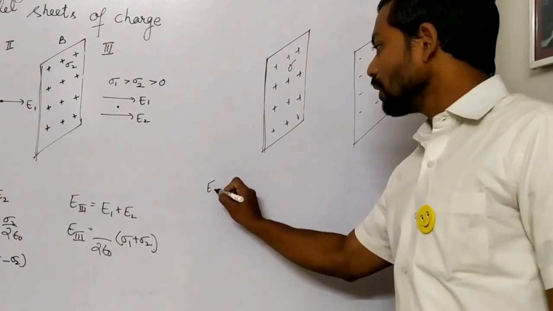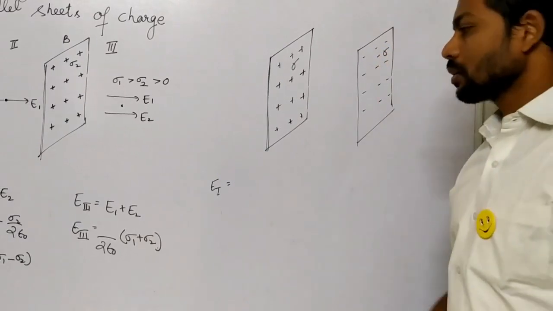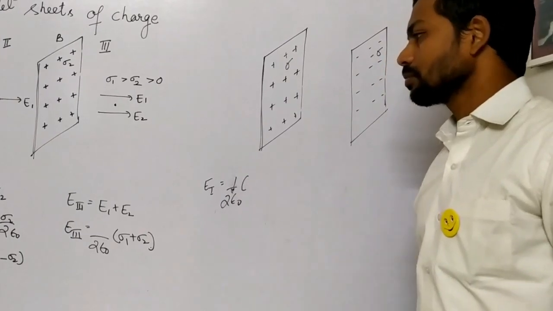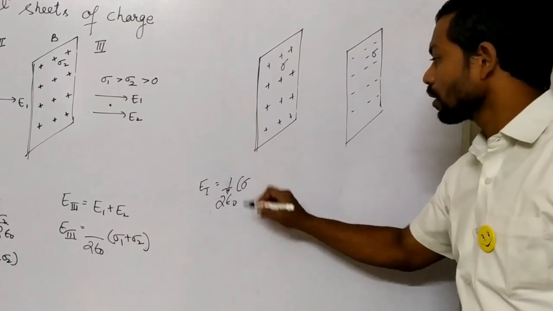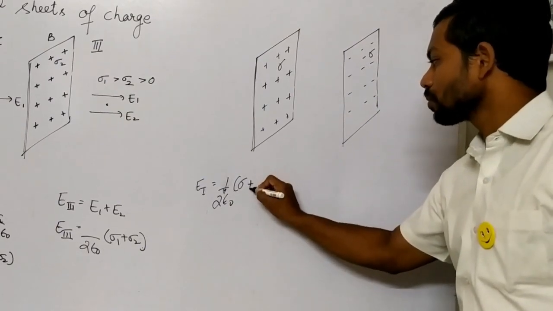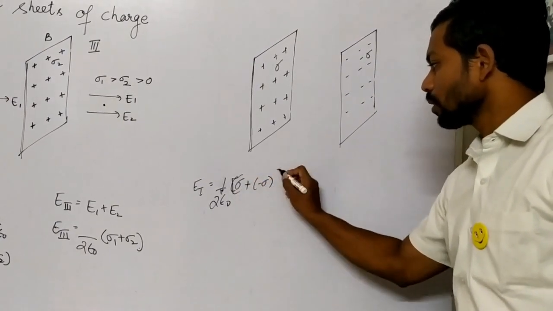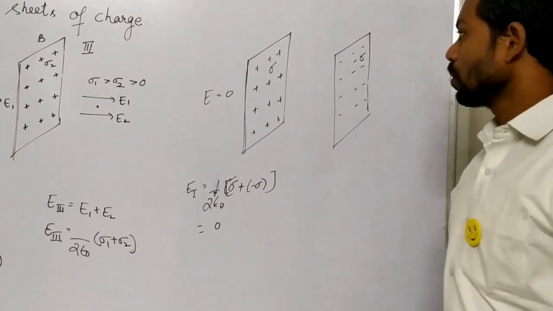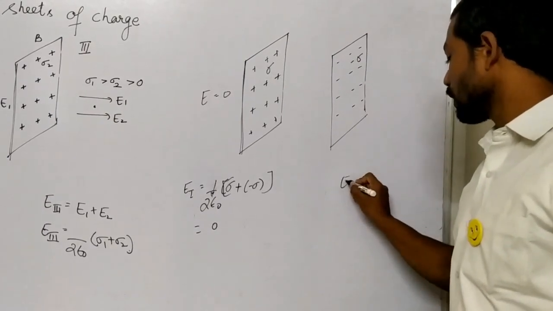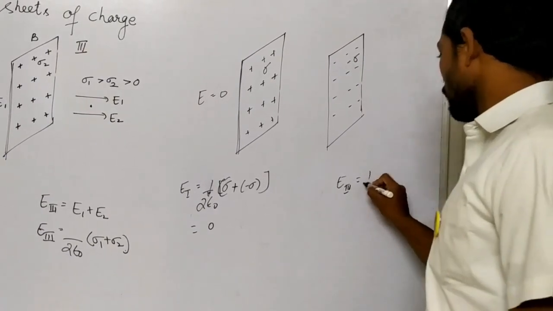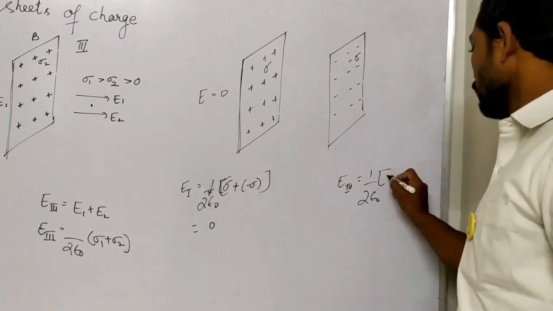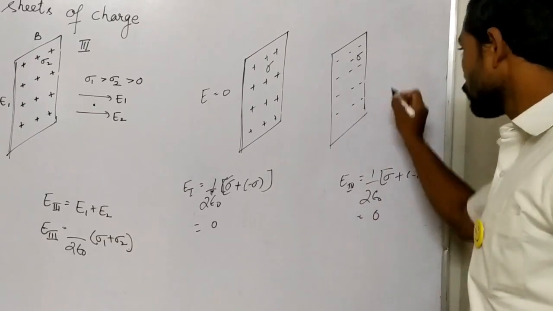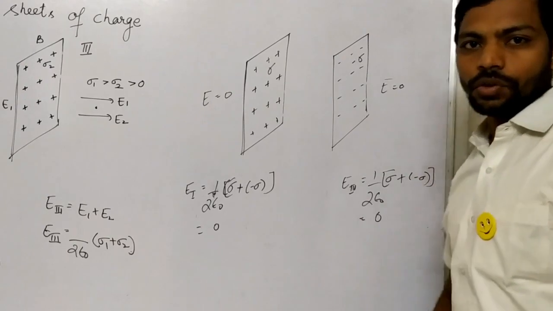In region 1 it will be 0, because in 1 by 2 epsilon naught times (sigma 1 plus sigma 2), sigma 1 is sigma and sigma 2 is minus sigma. So you can see here it is 0. So here the electric field intensity is 0. And if we consider the third region, there also it is 1 by 2 epsilon naught times sigma plus minus sigma, which is nothing but 0. So here also the electric field intensity is 0.